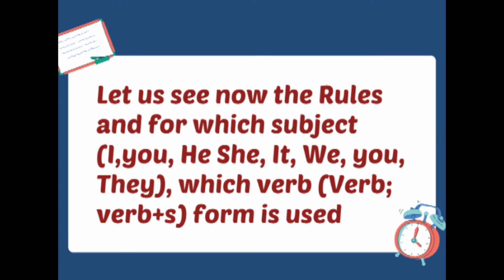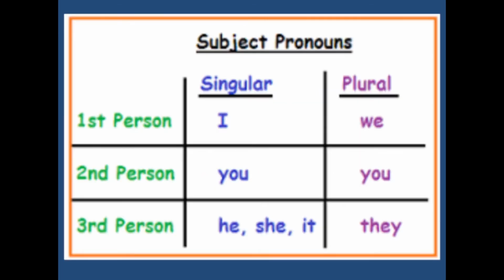Now let's get into the rules, to know for which subject, which verb and how the verb is used. Look at that, children. Subject: as Shalini Miss has already taught you in the last class, first person singular, first person plural, second person singular, second person plural, third person singular and third person plural. Now let's see a revision once again. Look at the subjects.